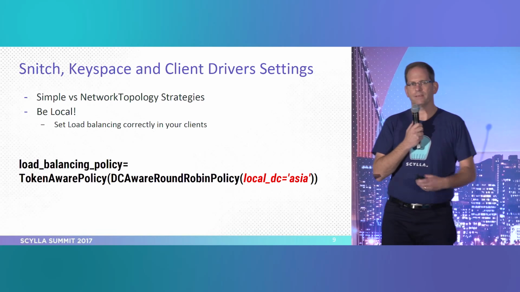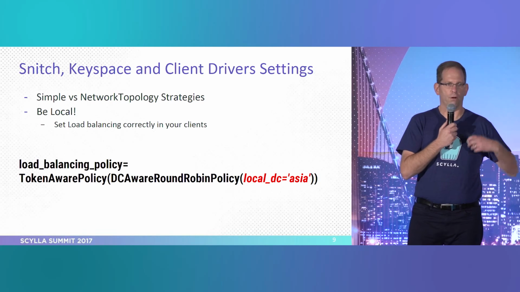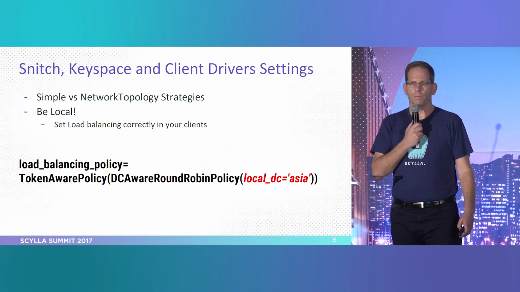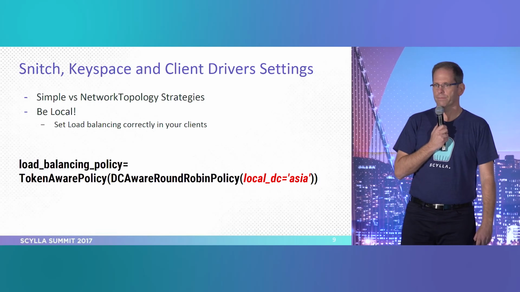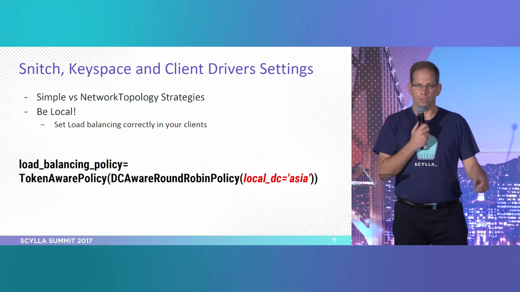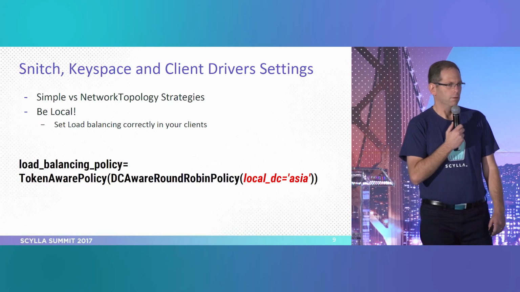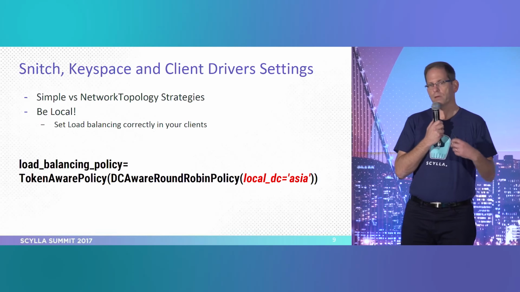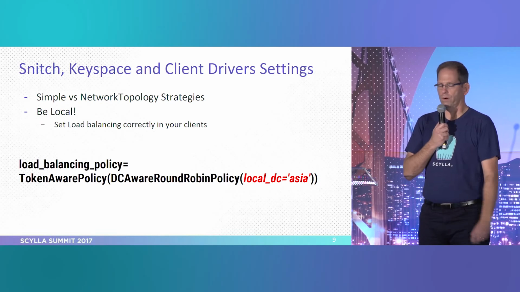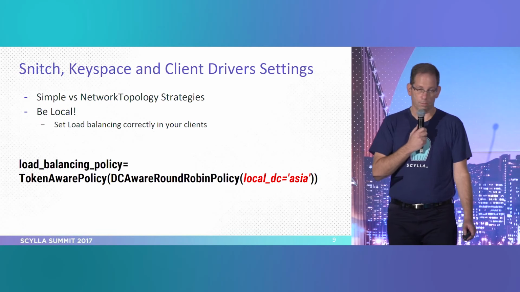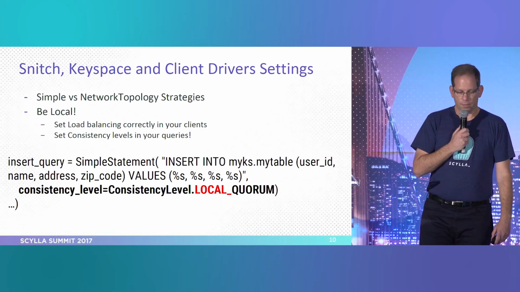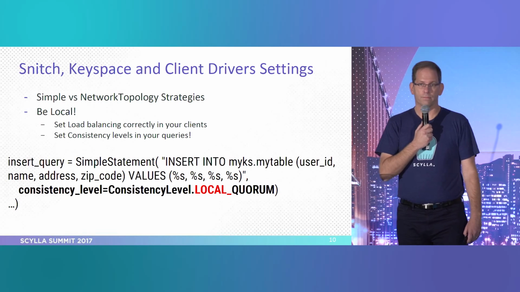If for some reason that nearest client is, I don't know, on a far end, you will pay for that egress transmit. So we ask you, make sure that the balancing is correctly pointing to the right data center. Only if that data center does not respond, then you go to the far one. So be local.